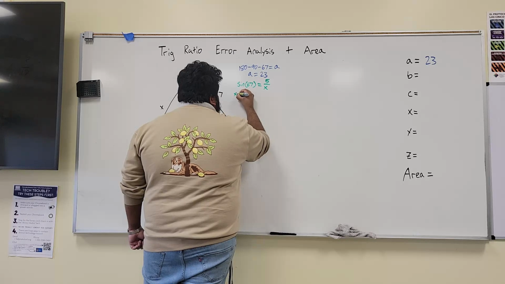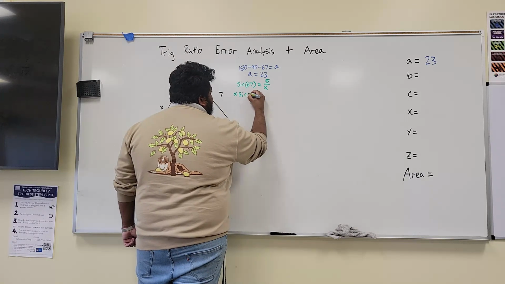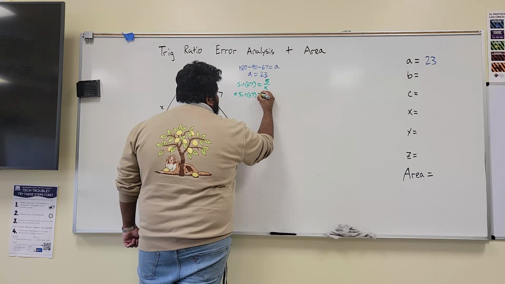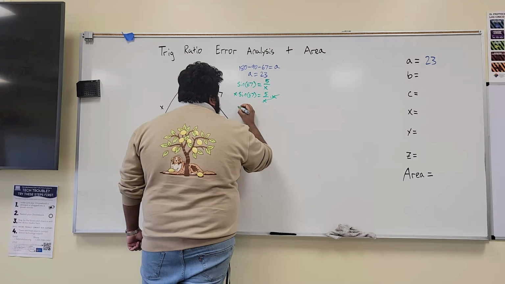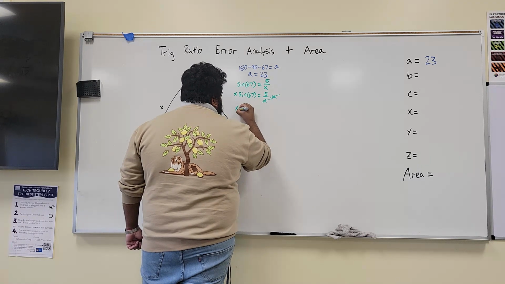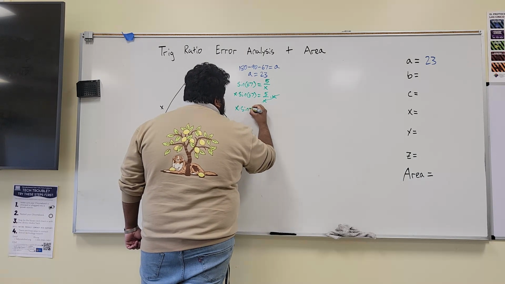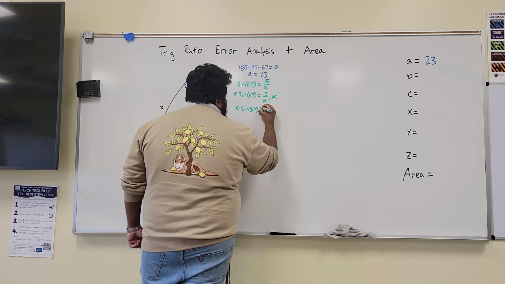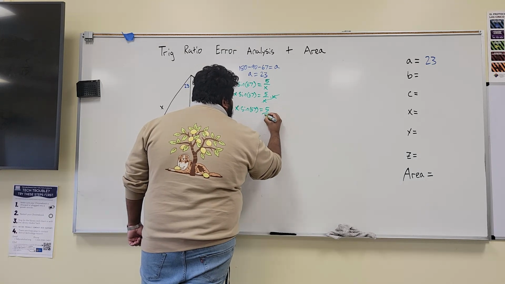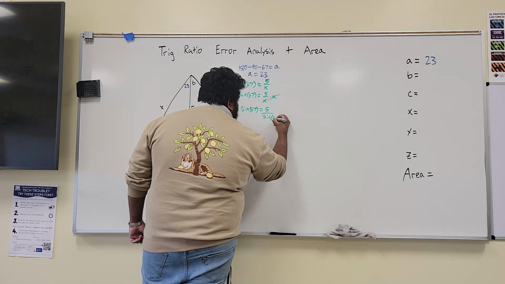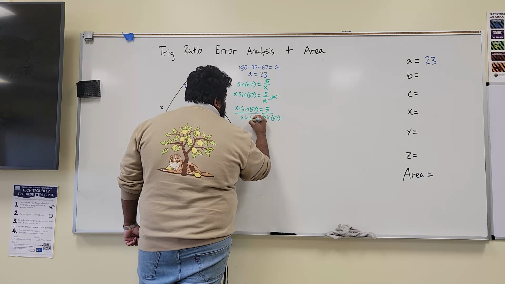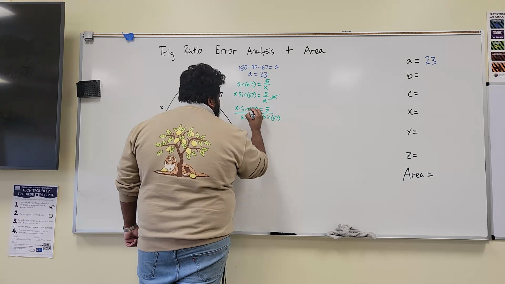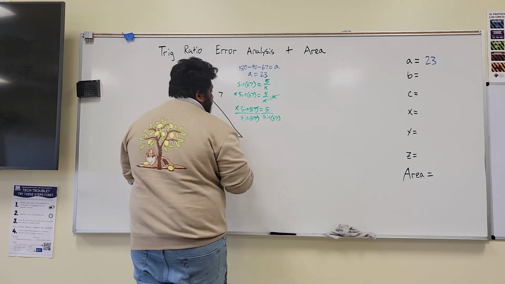We're going to multiply x on both sides. Those are going to cancel out. And then we're going to divide sine of 67 on both sides. Those are going to cancel out.